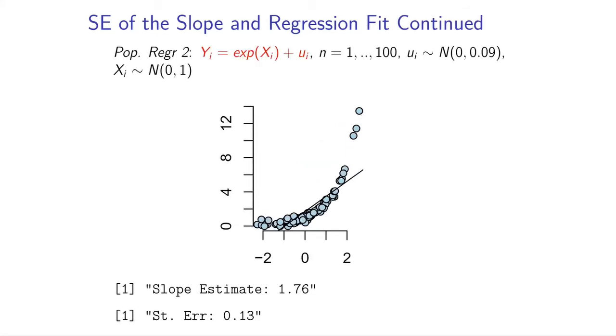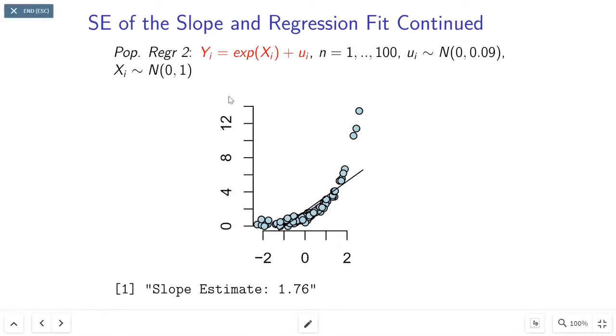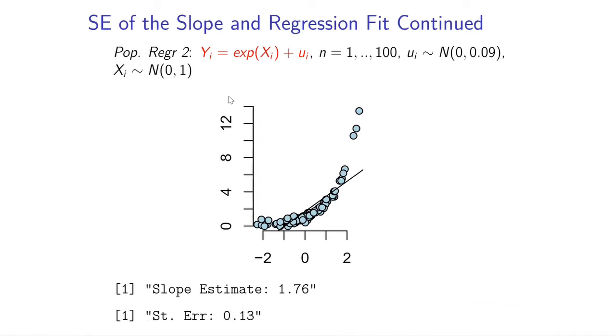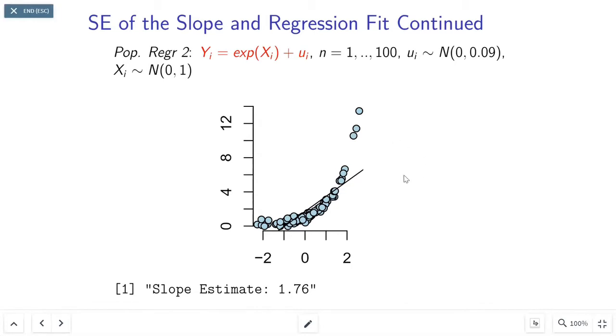In this simulation, I defined a new relationship for x and y. Specifically, y is given by the exponential of x plus u. The sample size and the distributions of u and x are the same as in the previous example. But in this case, the underlying data is not linear at all, and by fitting a linear line on the data, we fail to describe the relationship.